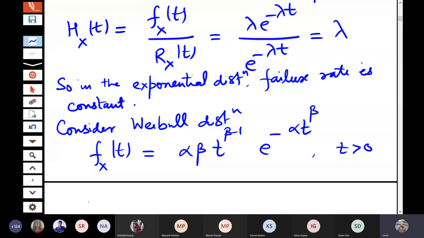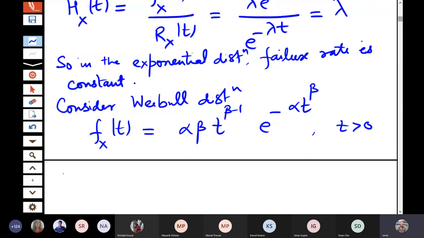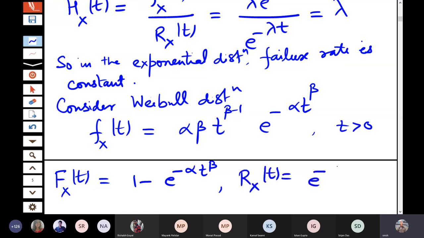Okay, so here you had F(t) as 1 minus e to the power minus alpha t to the power beta. So what is the reliability here? It will become simply e to the power minus alpha t to the power beta.